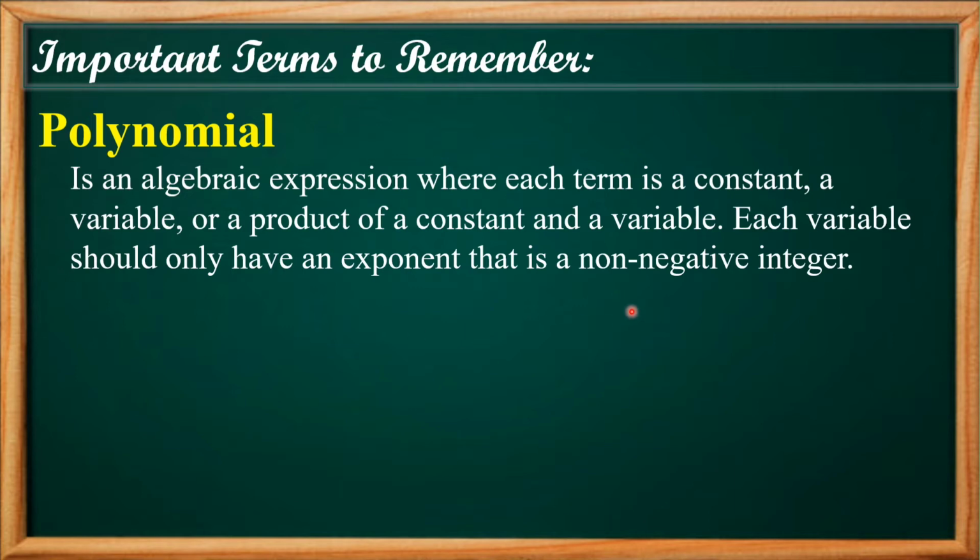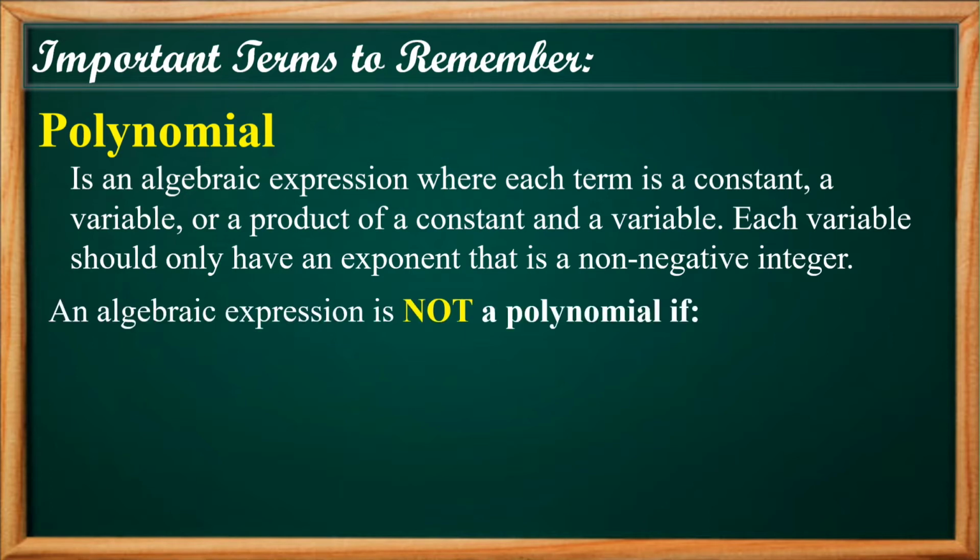Tandaan natin that the exponent of each variable is a non-negative integer. Sa madaling salita, dapat ang exponent is positive. Kapag negative ang exponent, hindi natin siya pwedeng tawagin polynomial. Pero kapag positive, then it is a polynomial. These are the conditions.